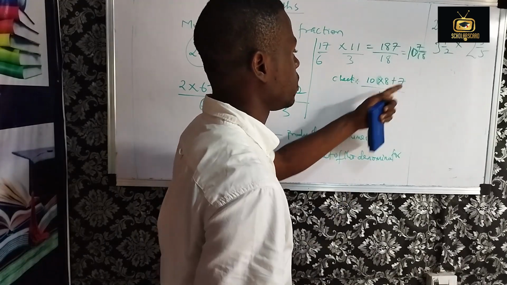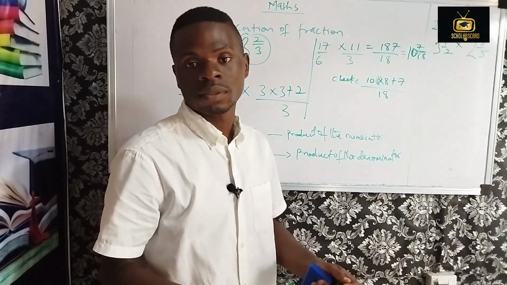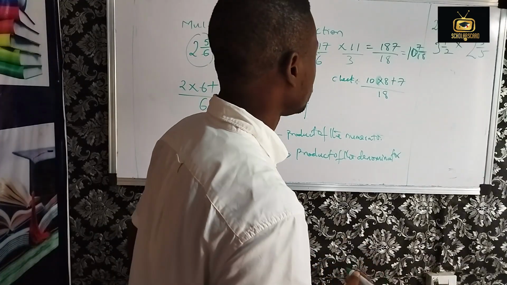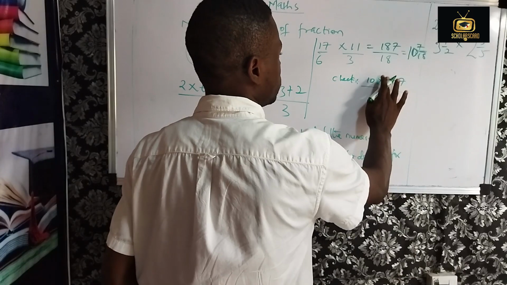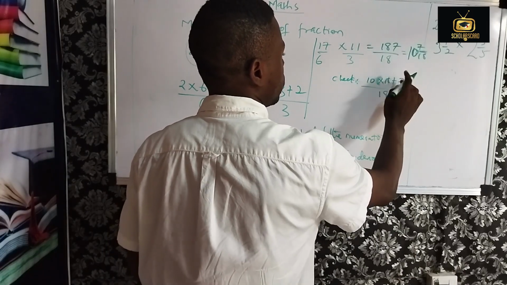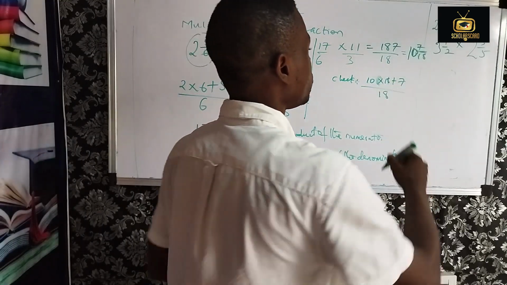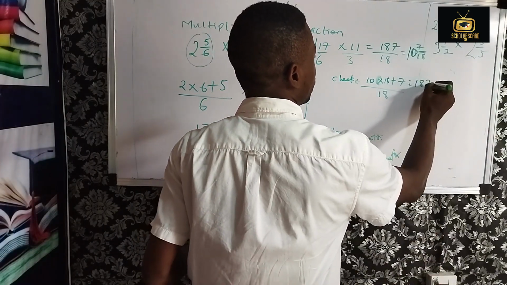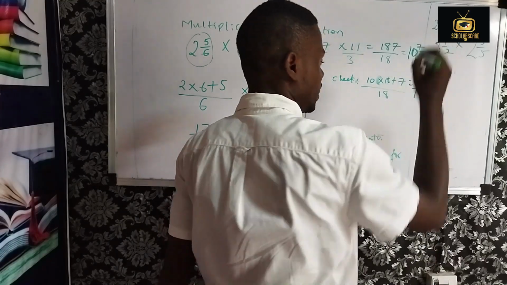So to check whether our answer is correct, 10 times 18 is 180. Plus 7 will give you 187 over 18.